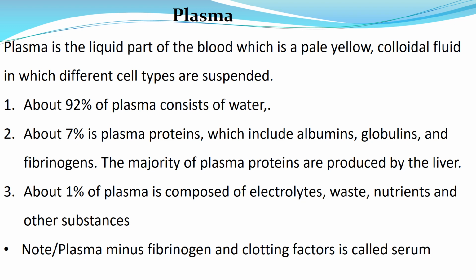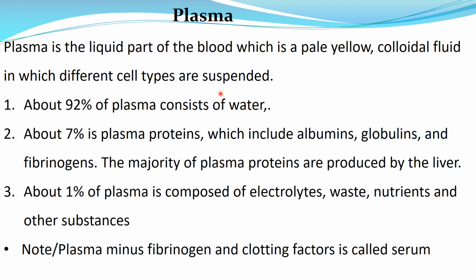So now I'm going to explain the plasma. So plasma is a liquid part, if you remember what we said, the cells and cell fragments are suspended in a tissue matrix. The matrix is called the plasma.